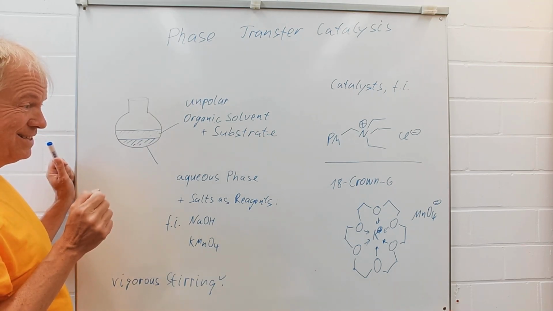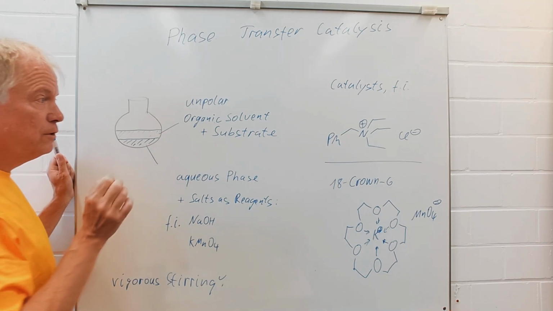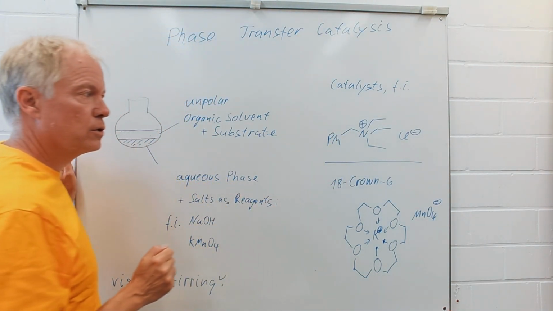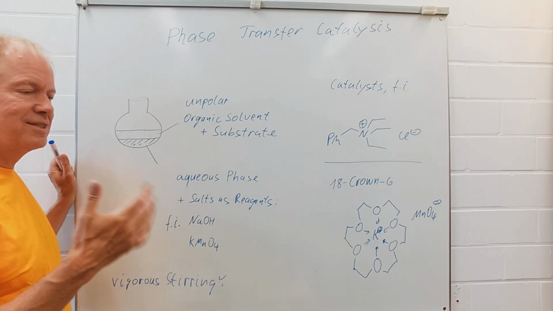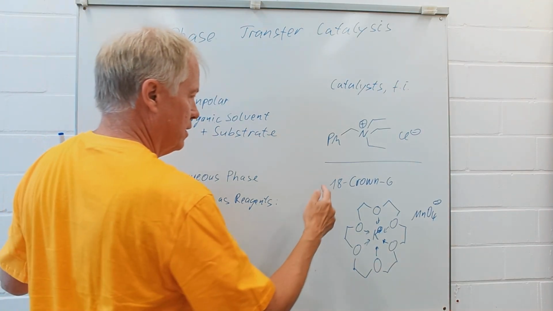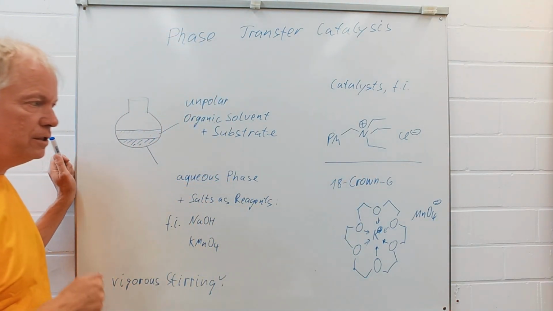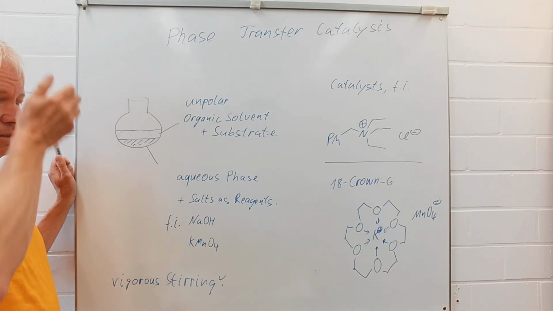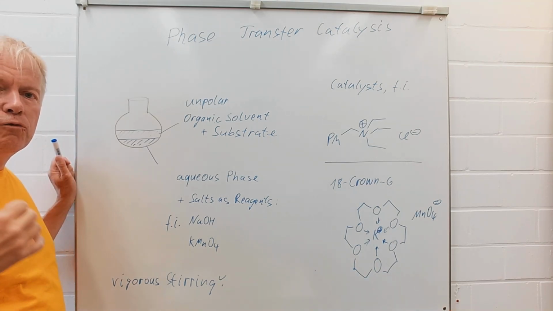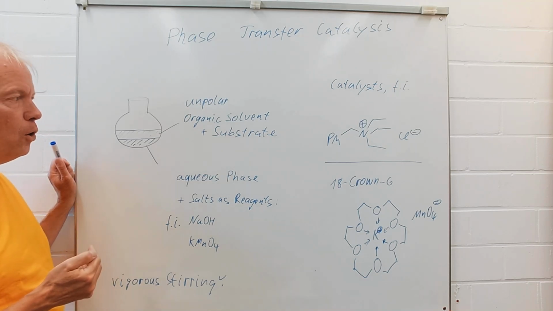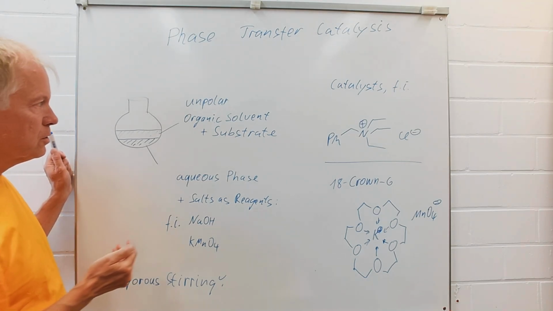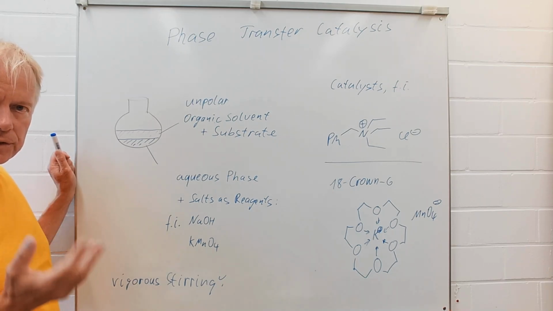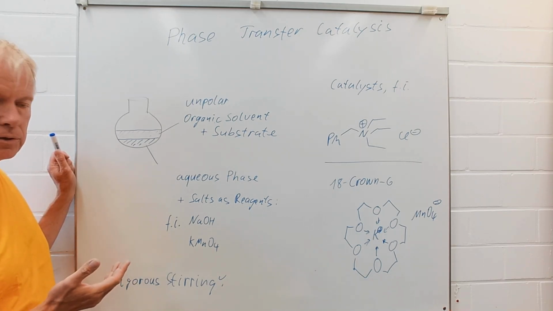Well, generally we would prefer to use an ammonium salt like that, because it's just much cheaper compared to a crown ether. But imagine we need to avoid water altogether, because our substrate is sensitive to hydrolysis.